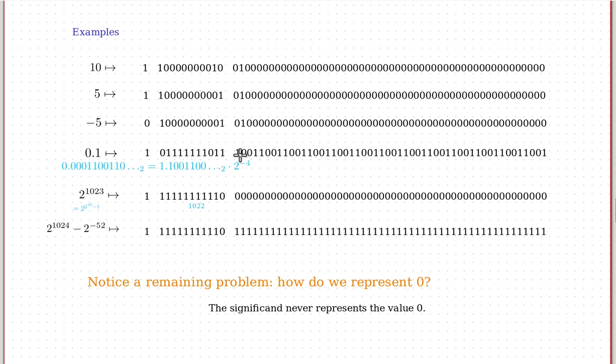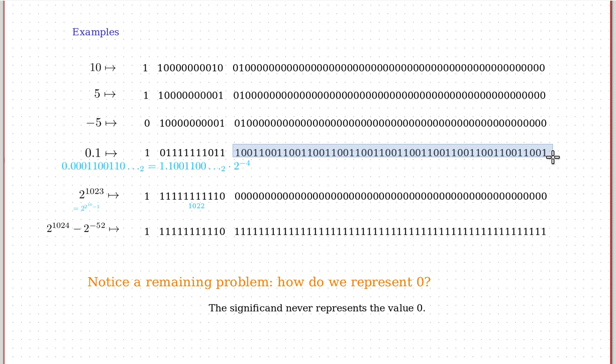Right? So the sign is positive, so the sign bit is 0. The power is negative 4, so that gets represented as negative 4 plus 1023, which would be 1019. So this is 1019 in binary notation. And the significand gets represented only by the fractional part, so that's this, the 1001001 repeat.